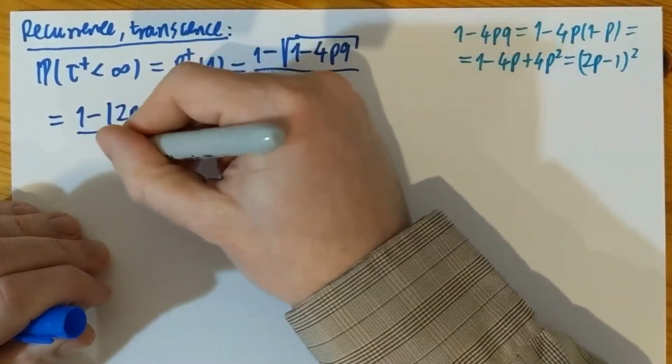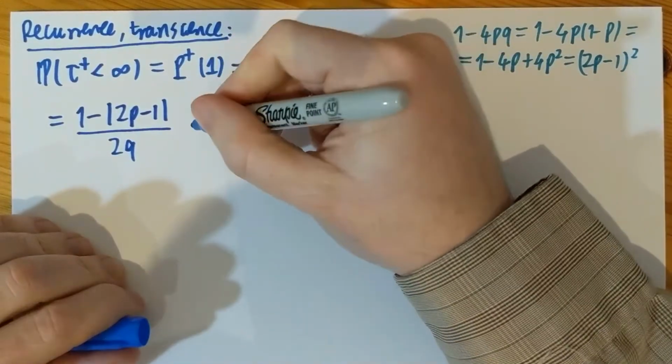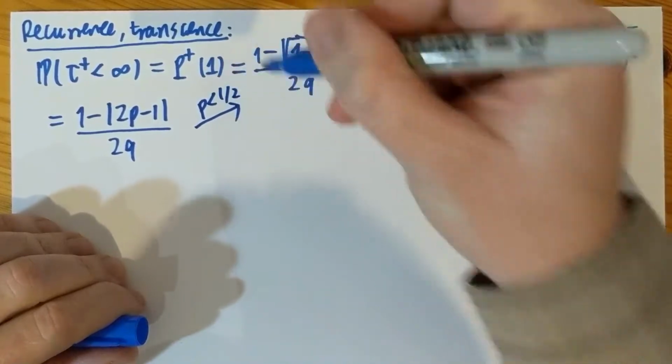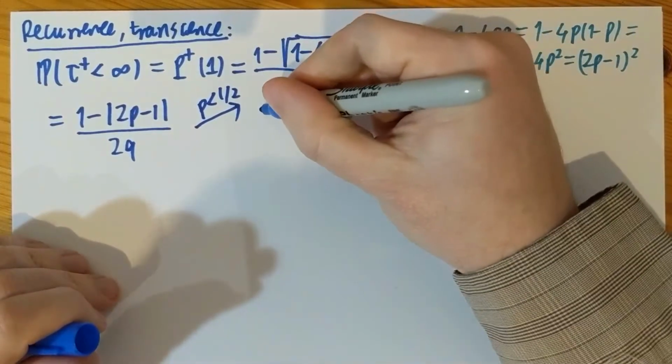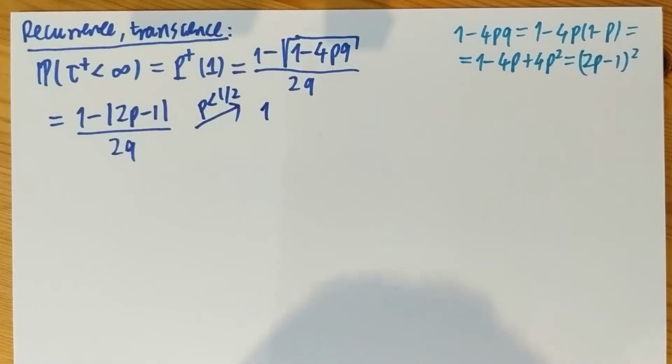divided by 2q. And clearly 2p minus 1 is 0 when p is a half, so p smaller than a half or larger than a half will make a difference. Let's take a look at p smaller than a half. When p is smaller than a half, then 2p minus 1 is negative, so the absolute value of 2p minus 1 is actually 1 minus 2p.